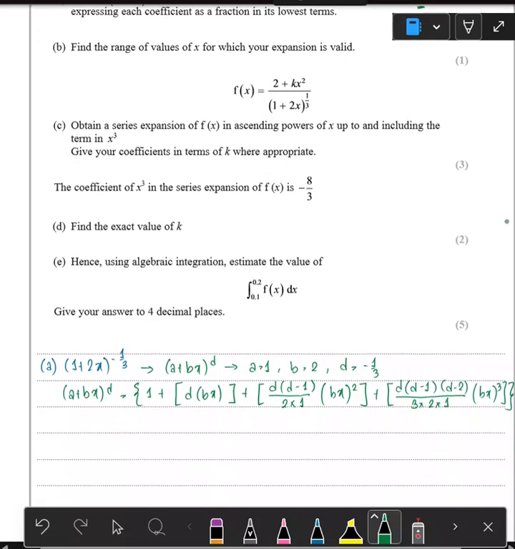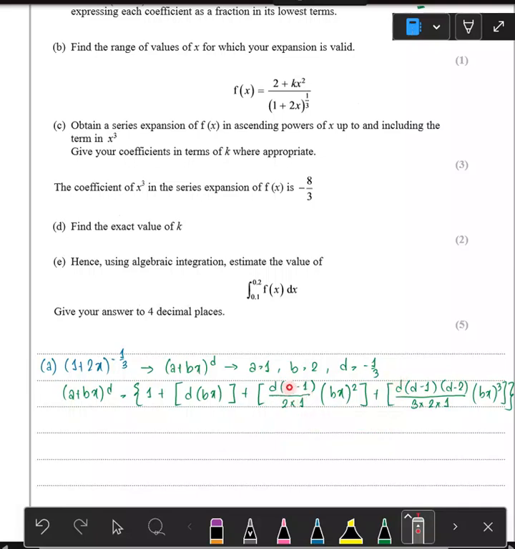A good way to remember this expansion formula, the way I do it, is that at first there is the first term, then d multiplied by bx, and then in the numerator you have d multiplied by d minus 1, so there are two things in the numerator. So the denominator will have 2 factorial, which is equivalent to 2 multiplied by 1.